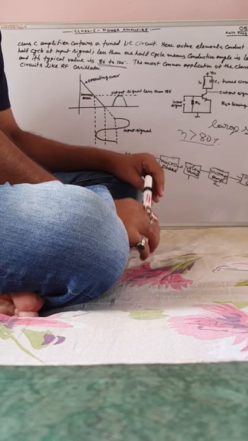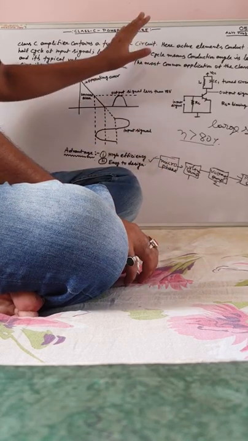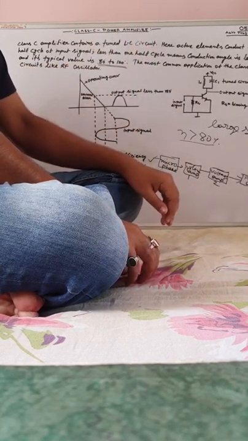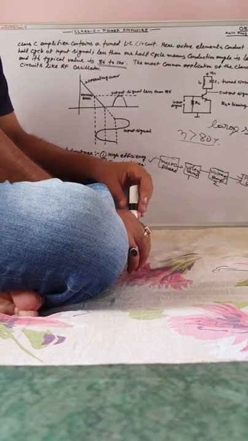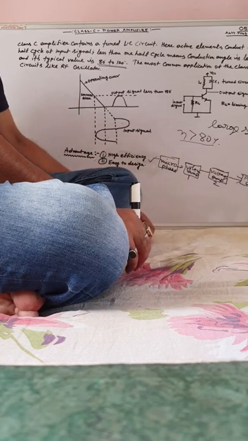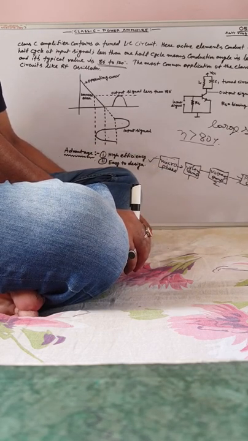So once the power amplifier is over today, from tomorrow onwards we will go to BJT. There we will learn common emitter amplifier and common base configuration. After that, stability factor calculation.